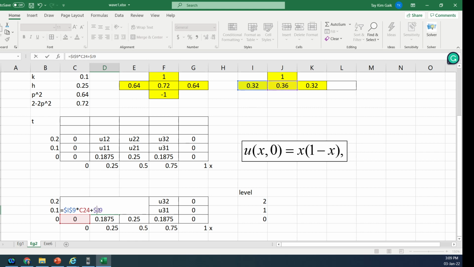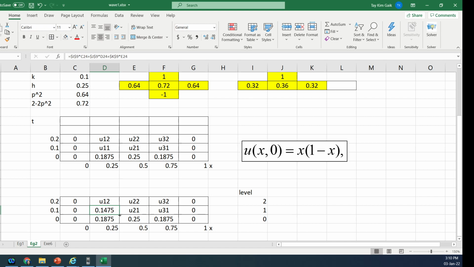If you click the location, please constant it by putting dollar in front and back. From where you target, key in the formula, go down, same column, plus here multiply the right bottom cell. So you get 0.1475. Then copy it to the right hand side.